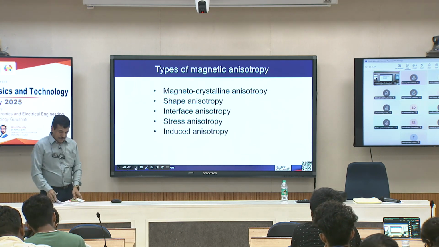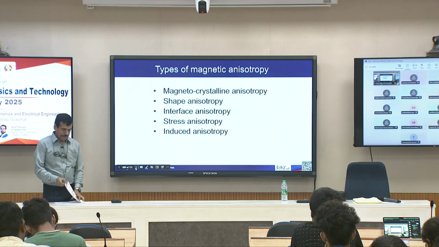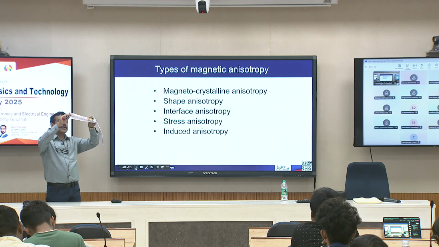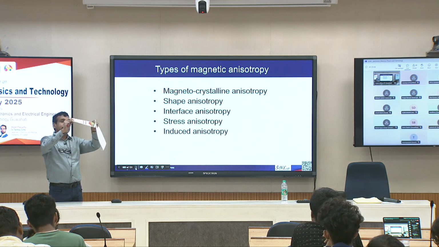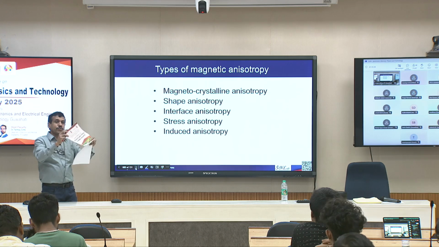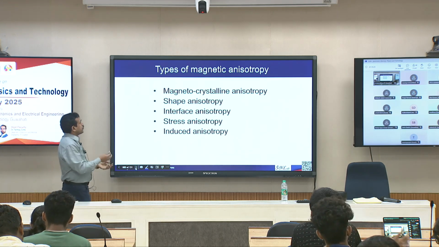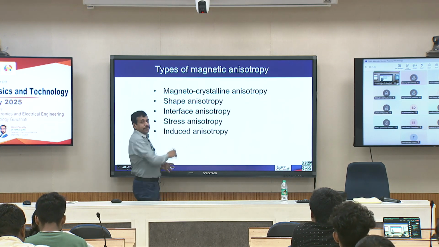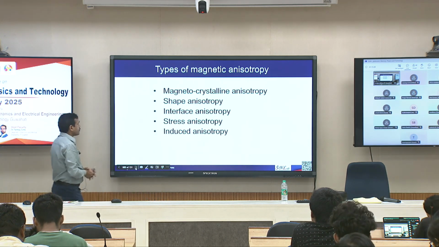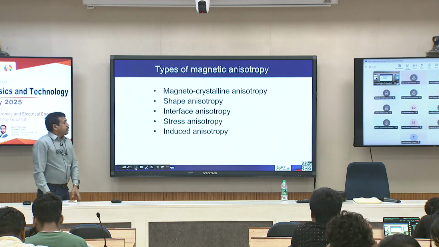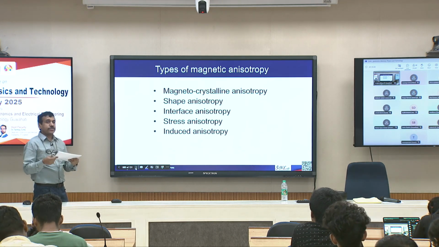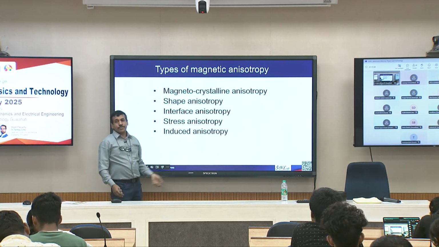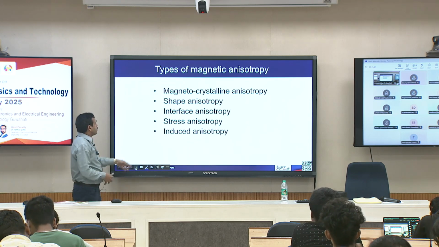Okay, let's say you keep two different materials together. Let's say this is one piece of material, this is another type of material. You put them together, then there is an interface between these two materials. And if the anisotropy comes because of the interface between two different materials, then we call it interface anisotropy. And let us say you bend or stretch some film, you cause stress in the material, and if the anisotropy comes from the stress, then we call it stress anisotropy.